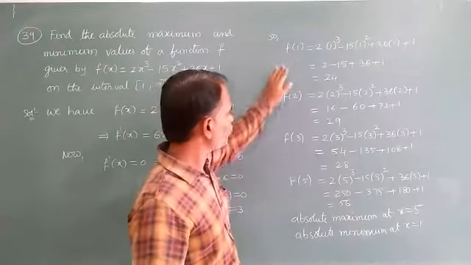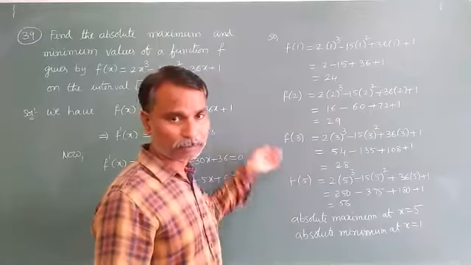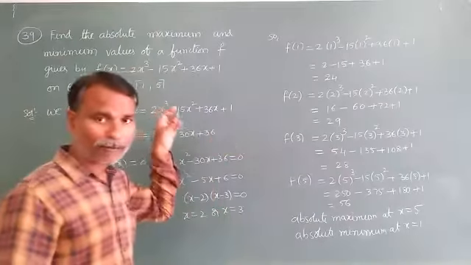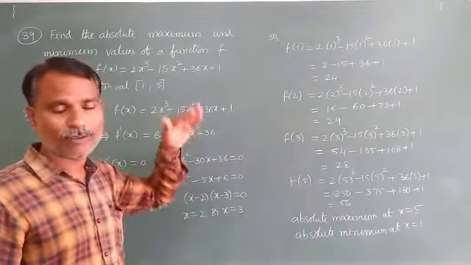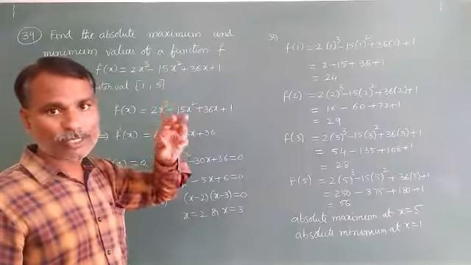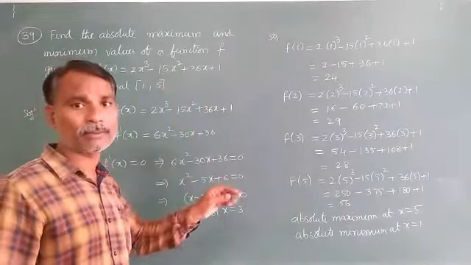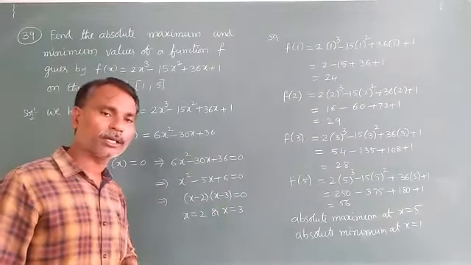Calculate f of 1, f of 2, f of 3, f of 5. If the function is moving like that, out of those values, the highest value is the absolute maximum and the smallest value is the absolute minimum.